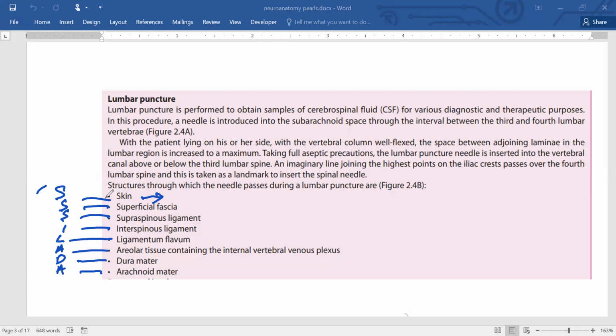The first is the skin, then the superficial fascia, then the supraspinous ligament, triple S, then I is the interspinous ligament, then the ligamentum flavum, and then areolar tissue containing the internal vertebral venous plexus, then dura mater, and in the end, the arachnoid mater.